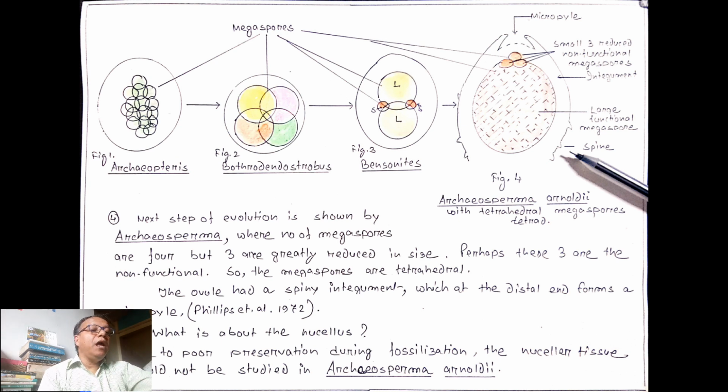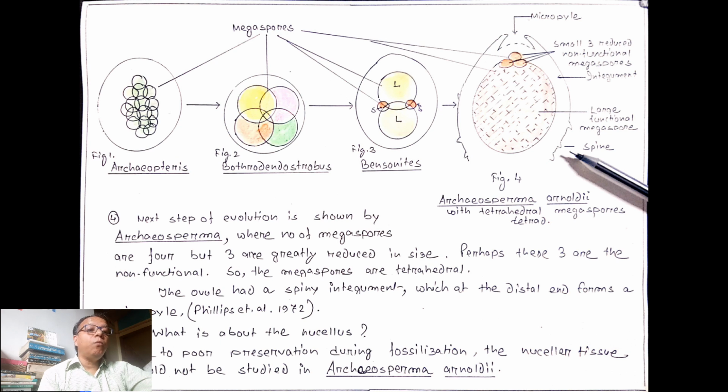The ovule had a spiny integument. Look at the integument. Few spines are there, and the integument at the distal end forms a micropyle.